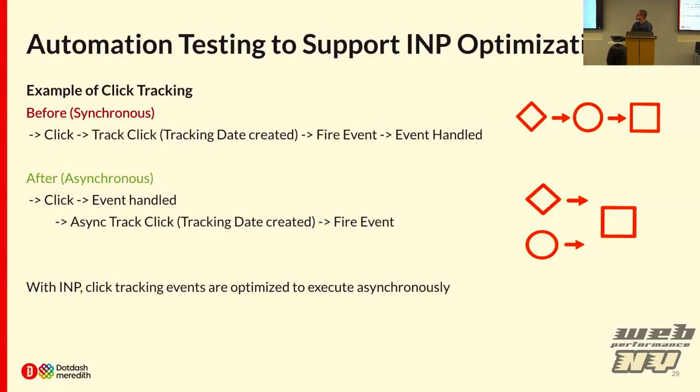Hello everyone. I'm the automation QA engineer in the Speed team, and I would like to talk about transforming the testing strategies to support INP optimization. With INP optimization, the click tracking events are optimized to execute asynchronously, and it improves the page performance and user experience.